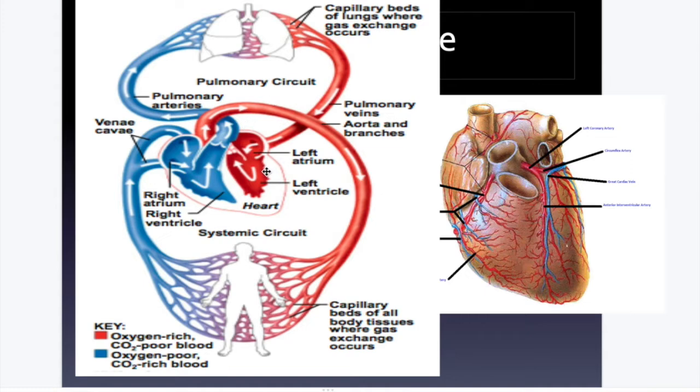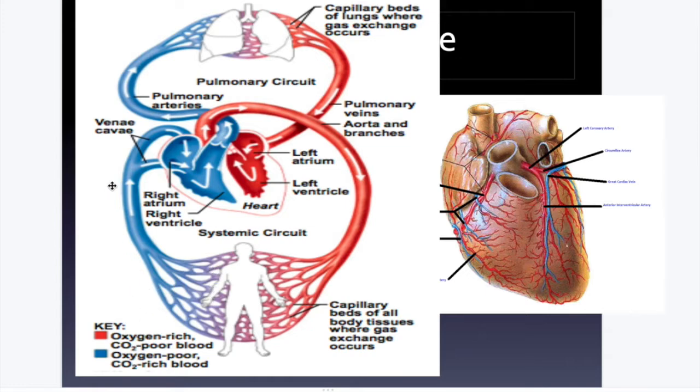When blood is in the left side of the heart and it gets pumped out of the heart itself, that's going to go into your aorta, which is your largest blood vessel. And it's going to get carried to all of your body systems where diffusion will happen. You'll have oxygen from the blood entering your tissues, carbon dioxide from the tissues entering the blood.